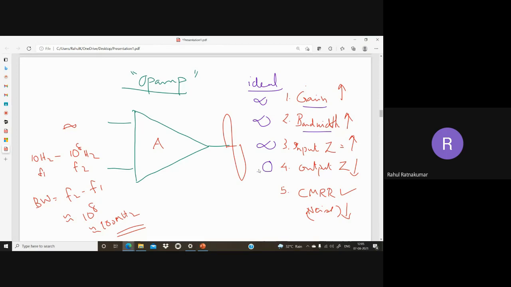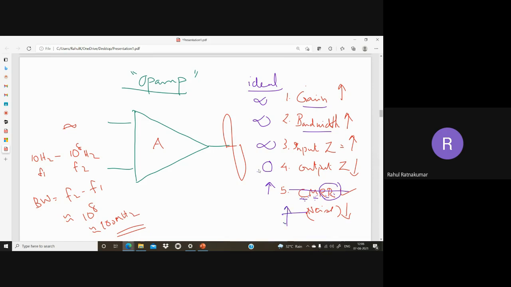And CMRR, common mode rejection ratio, also should be very high or infinity. It's like you are rejecting the noise. Although we don't discuss what this is now, it is a noise factor. We are trying to reject the noise, so noise elimination should be maximum.